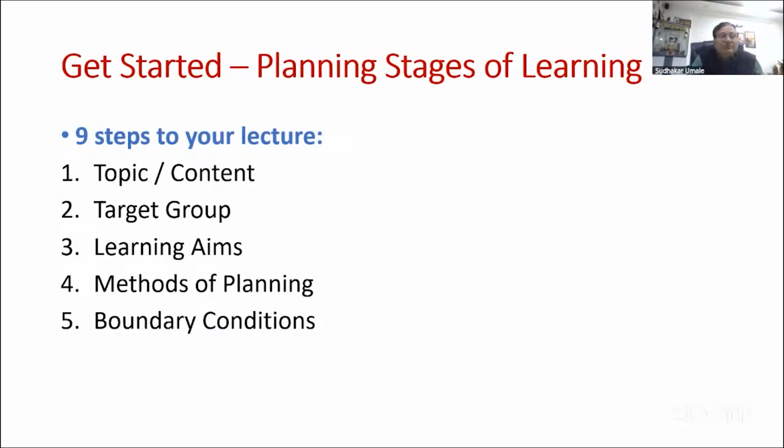Now come to number 5, boundary conditions. Every system has boundary conditions. It includes learning objectives, learning activities, checking for students' understanding. Boundary conditions are the constraints and limitations under which teaching occurs.